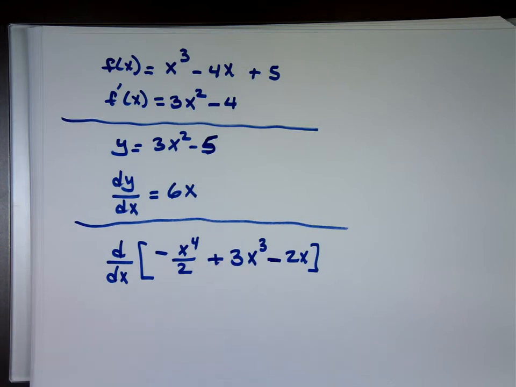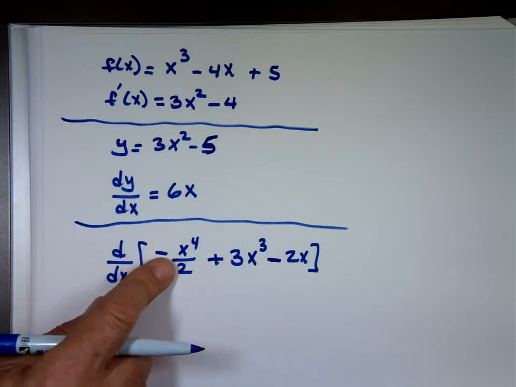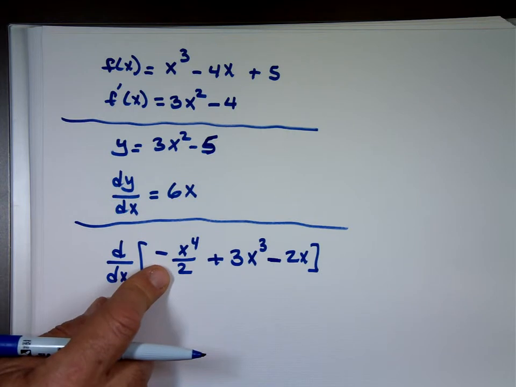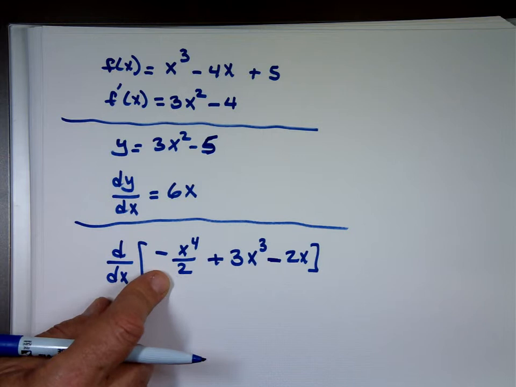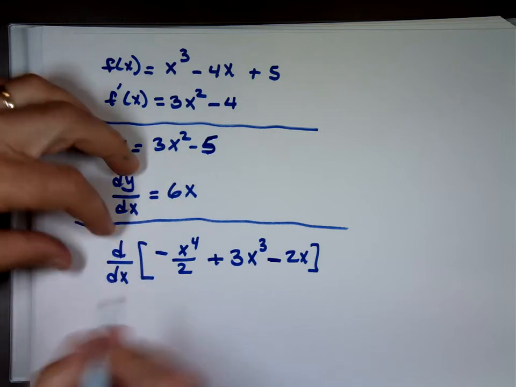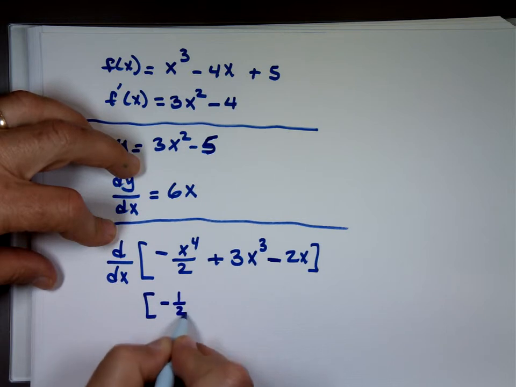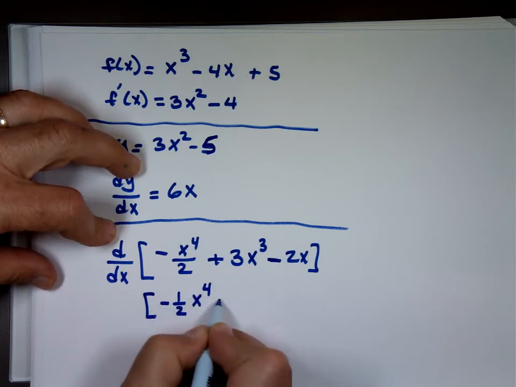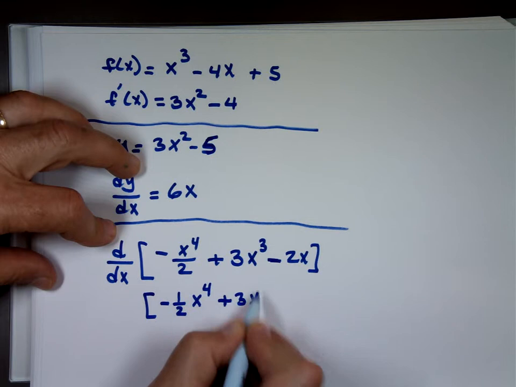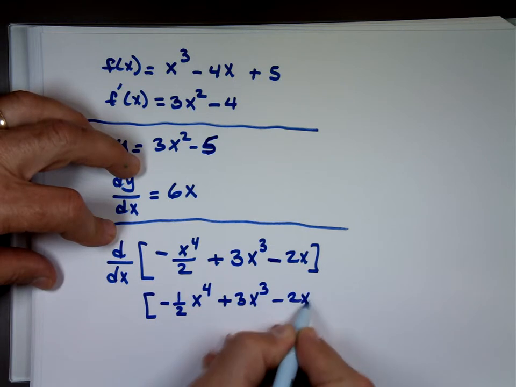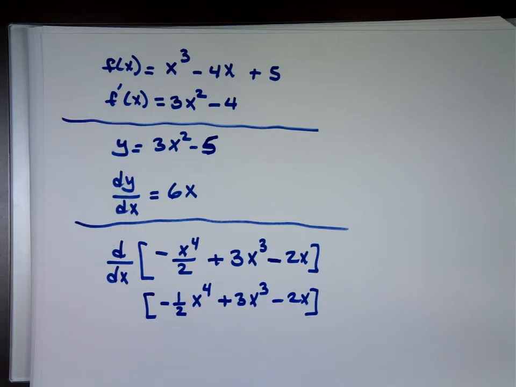What about this one? Wouldn't that be minus 4x cubed raised to negative 5? No? What does the number in the front mean? Minus 1/2? Yeah. How is it minus 1/2? Dividing by 2 is the same as multiplication by 1/2. There's a 1 here. We just don't write it.